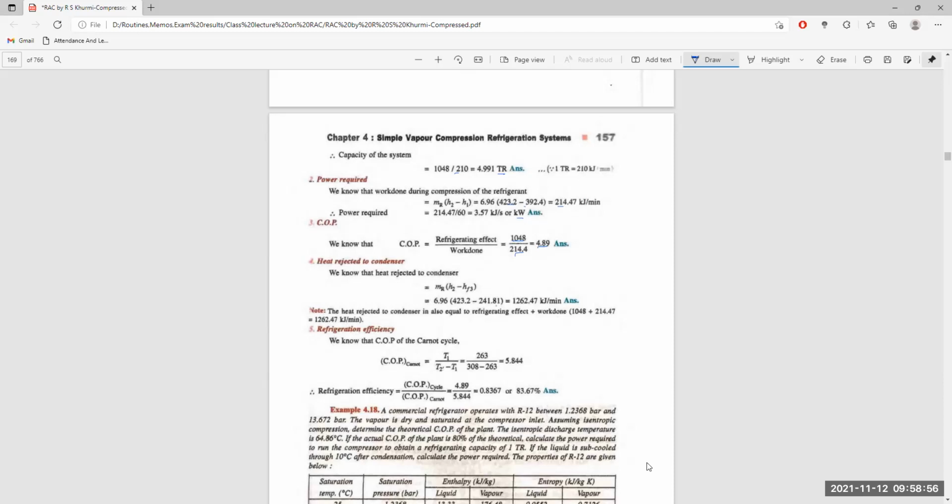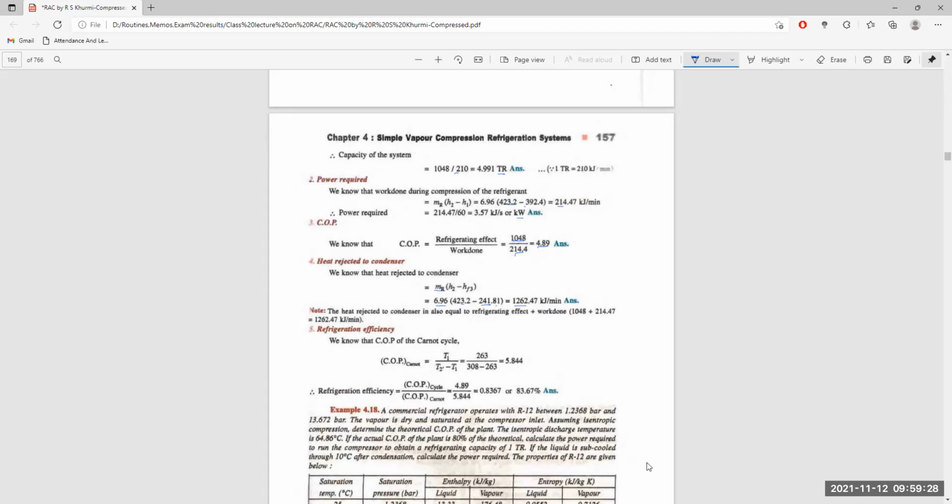Heat rejected in the condenser is the mass flow rate in the condenser, again 6.96, multiplied by H2, the enthalpy at the entrance of the condenser, which is the enthalpy at the outlet of the compressor, minus HF3, the enthalpy of the refrigerant at the exit of the condenser. All three are calculated, put together, and we get the result here.